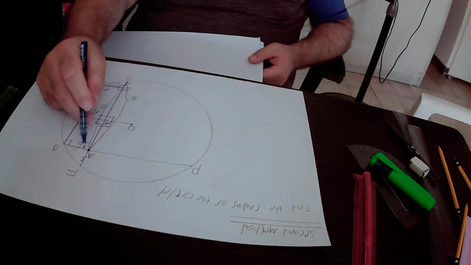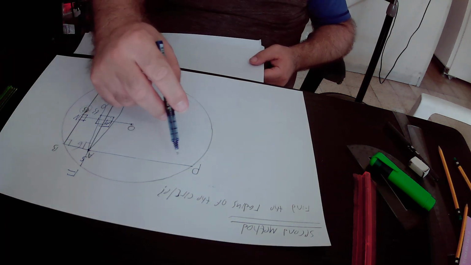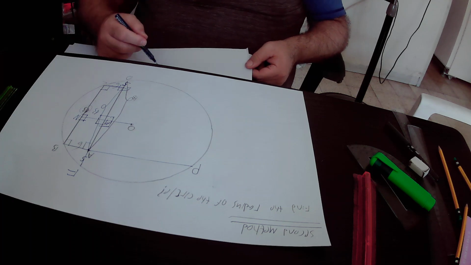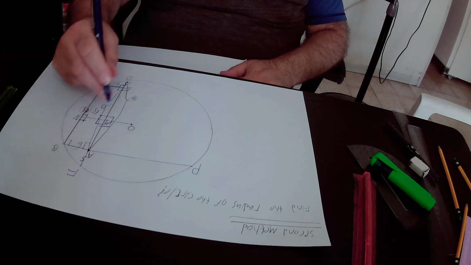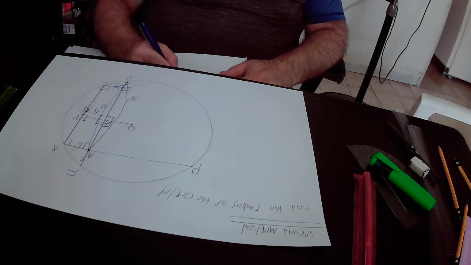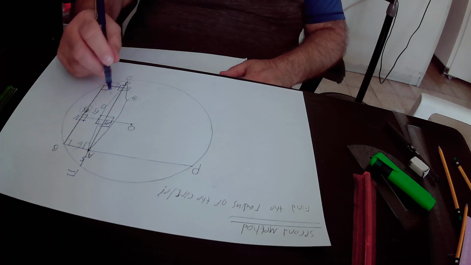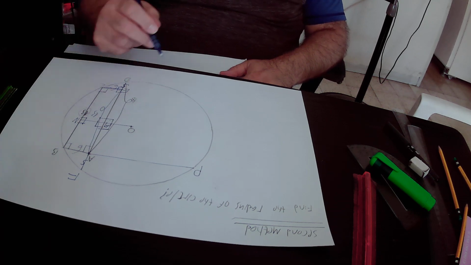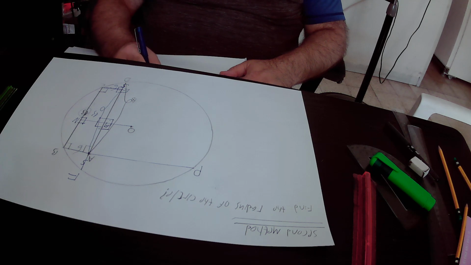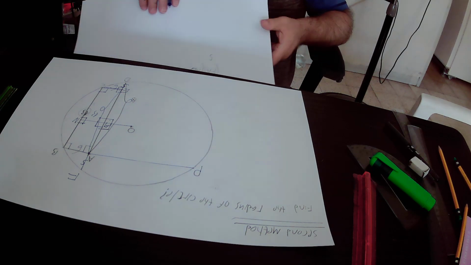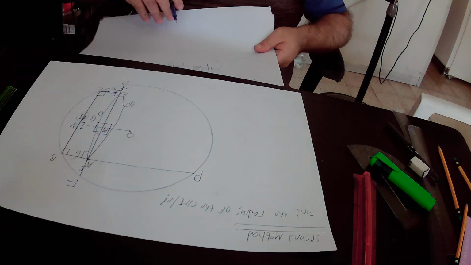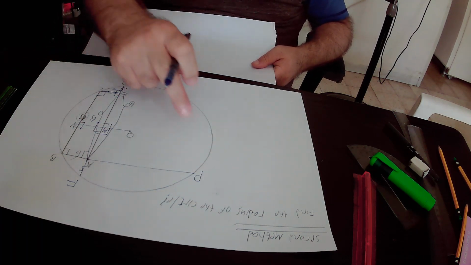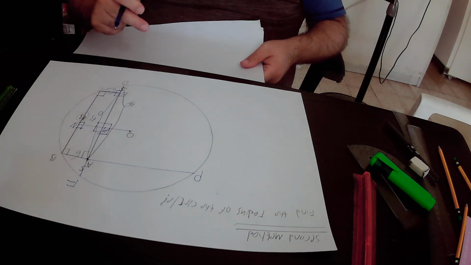Again, FA times AD equals PA times AB. FA equals 5. It is actually AD, this chord is called AD. Again, I repeat that FA times AD equals PA times AB.